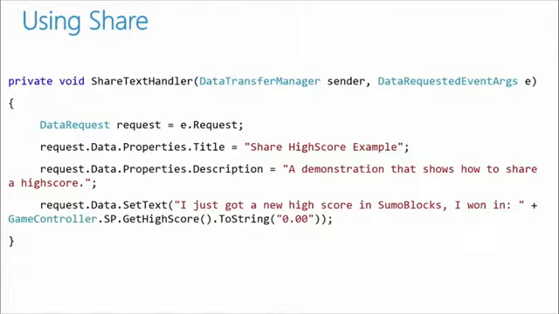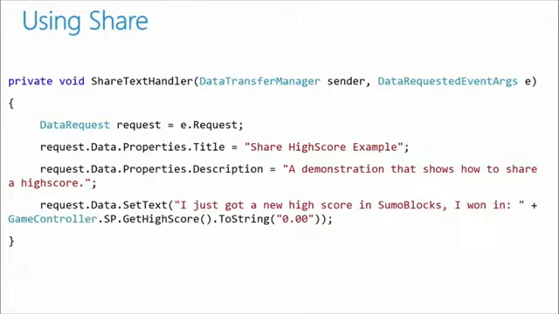So you've got your sender, and then of course it passes in arguments. In here we create a data request and assign it the arguments from our passed-in arguments, setting that to e.request. Then we set properties like the title, which for us is share high score example.